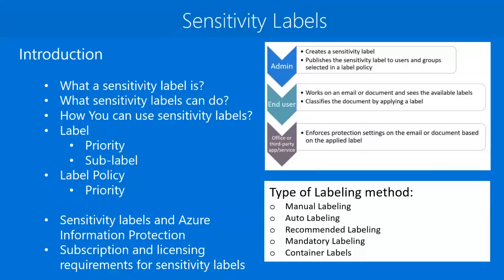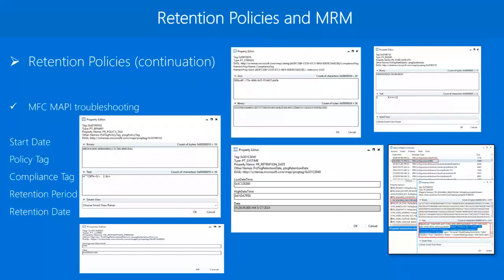Again, you have to go to the IPM.Configuration.MRM folder and get the details of the XML stream. This has already been discussed by Vishnu, so I'm moving forward.